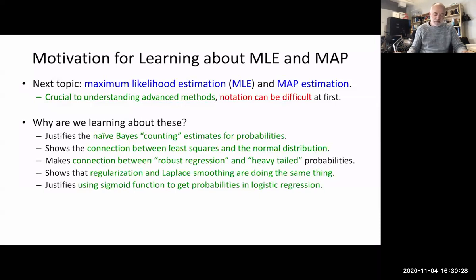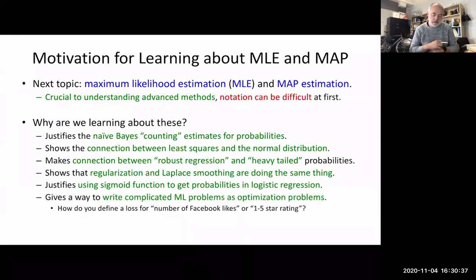Why did we use a sigmoid link function to get probabilities in logistic regression? Where do they come from? Well, that's just MLE with a particular link function and a categorical likelihood. And if you need to write down loss functions for more complex regression or classification problems, you really need to think about likelihoods instead of losses.